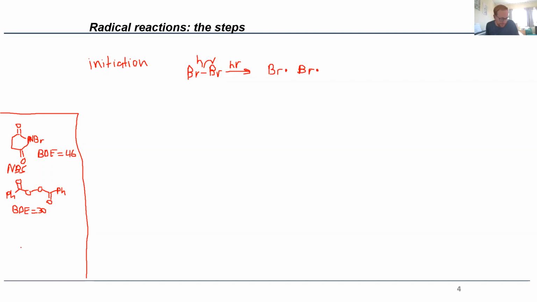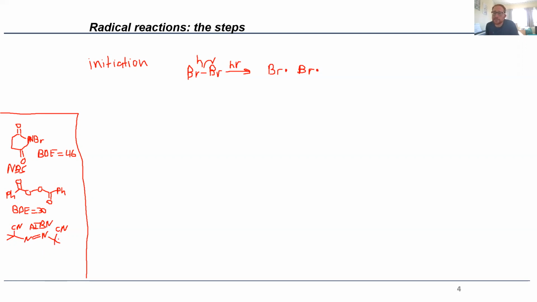And then another classic one is AIBN, which looks like this. Azobisisobutyronitrile, AIBN.